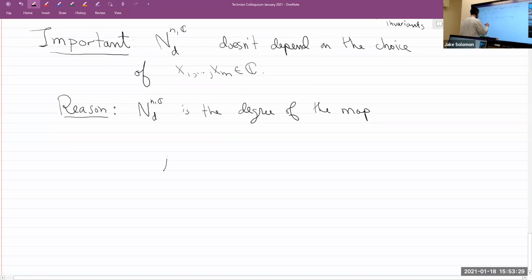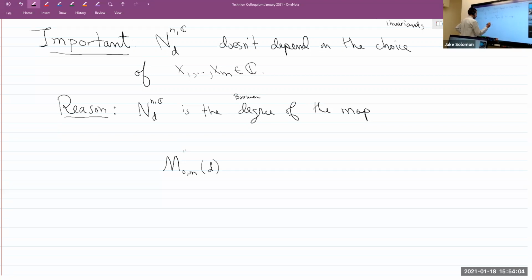So you have, let's say, M_{0,m,d}. This is going to be a space, and here degree means the Brouwer degree. If you have a map between two manifolds of the same dimension, you look at the number of inverse images of a given generic point, and that number is going to be independent of which point you take, roughly speaking.